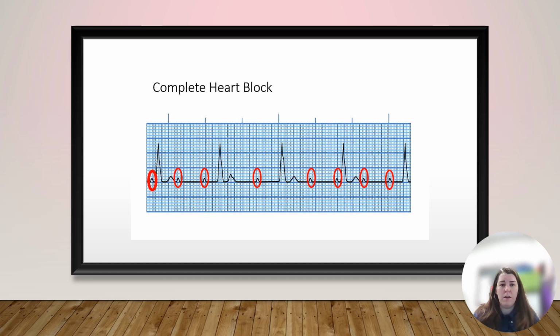So again, your P waves are originating in the atria, where your QRS are the ventricles. So you can very clearly see here that they are very independently doing their own thing, which is not conducive to blood flow, right? Pumping of blood.